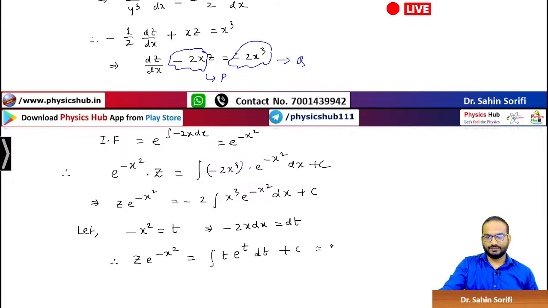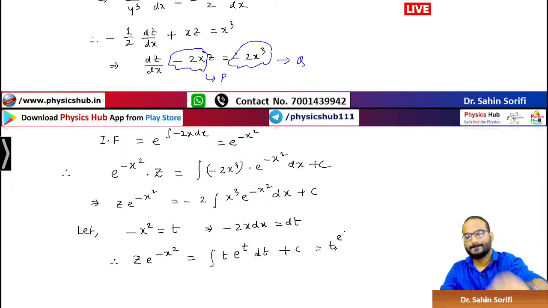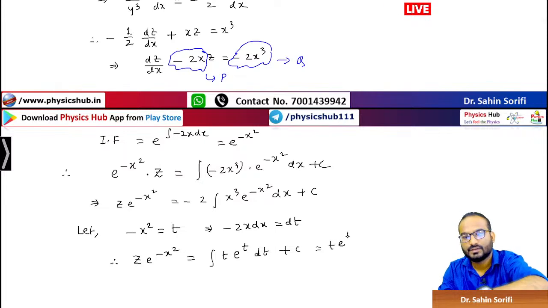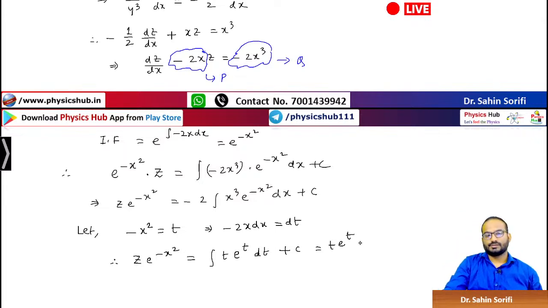And this is equal to t e to the power t minus e to the power t plus c.